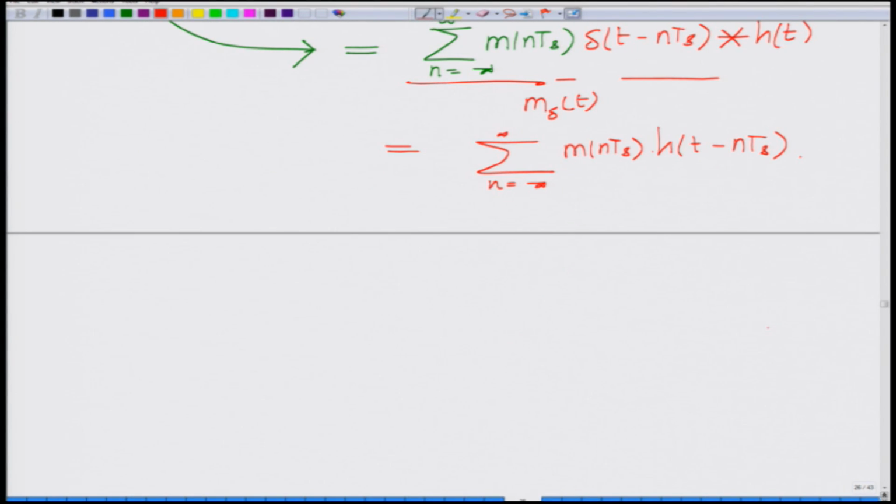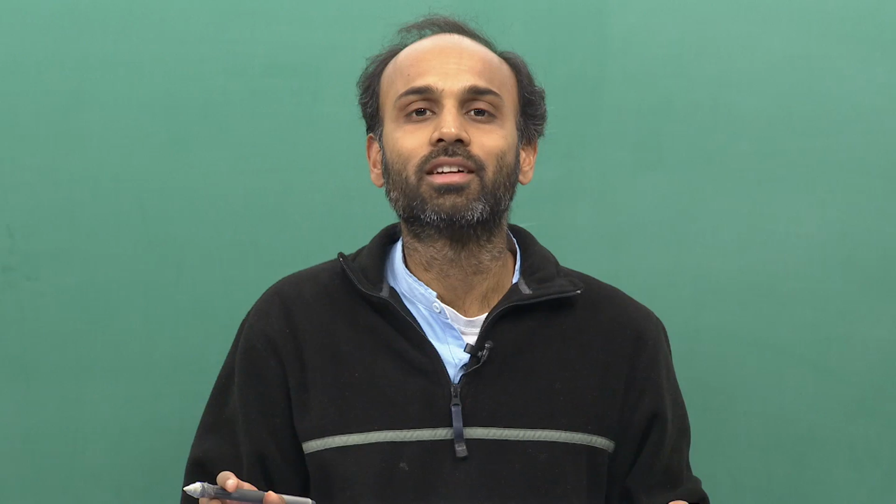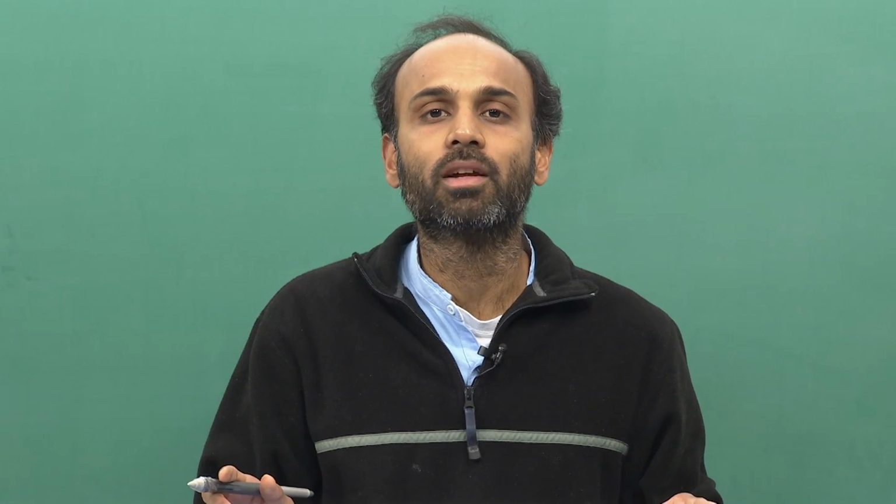Now, the interesting thing is that the pulse amplitude modulated signal mP of t equals m delta t convolved with h of t. If I look at its Fourier transform, denoted by MP of f, naturally, convolution in the time domain becomes multiplication in the frequency domain.